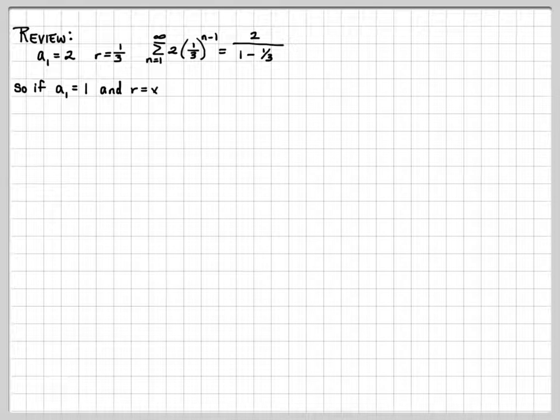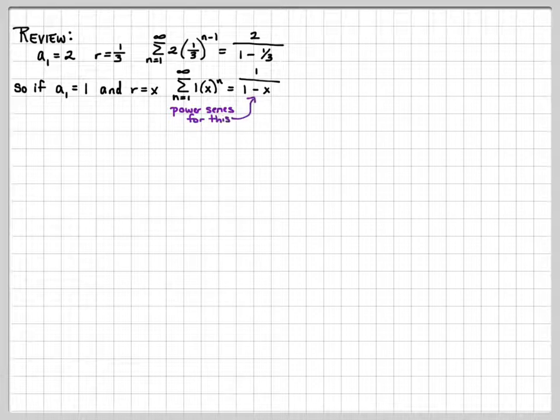So if a equals 1 and r equals x, we can also rewrite this function as 1 times x to the n, or 1 over 1 minus x, sorry. This is also called a power series for this function.